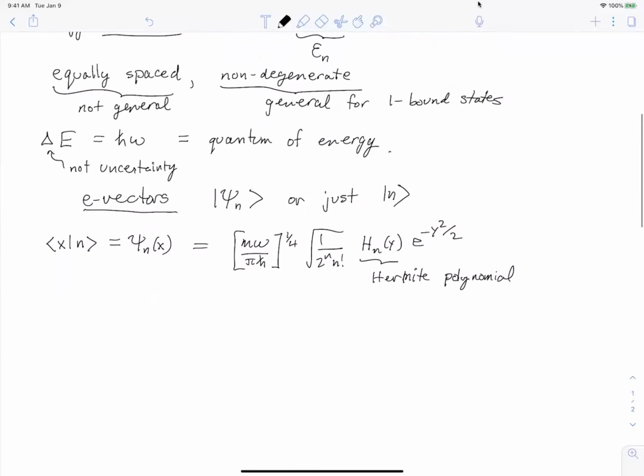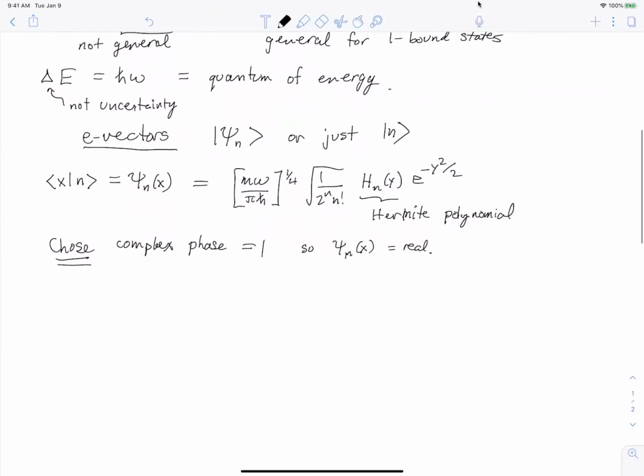And I want to emphasize that we made a choice here. We chose the complex phase of these things to equal 1. In other words, we chose them to be real. And that's going to be important that we recognize that this is a choice in a little bit when we do the momentum representation of the same kets.